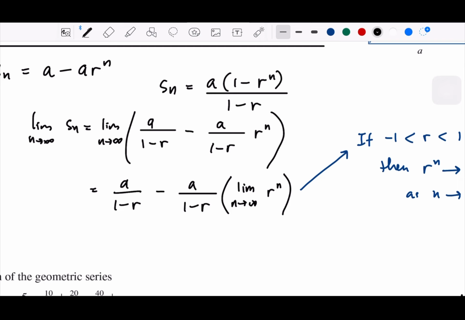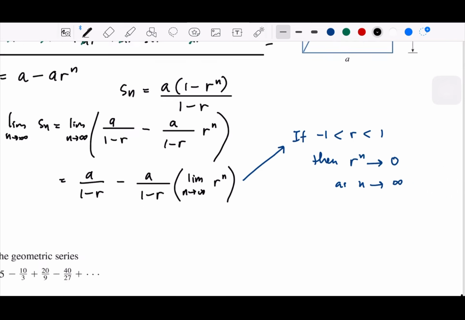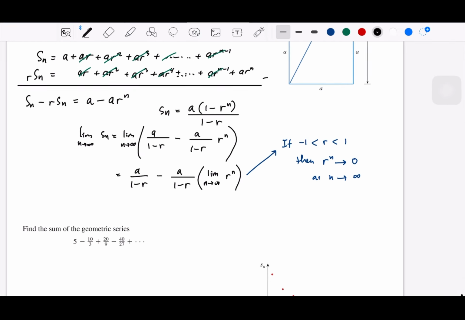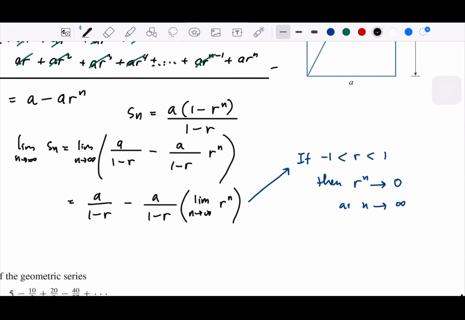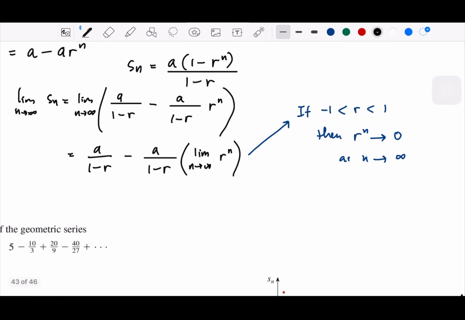So the sum, let me write here. So these are the conclusions. Let me write conclusion here. Okay.